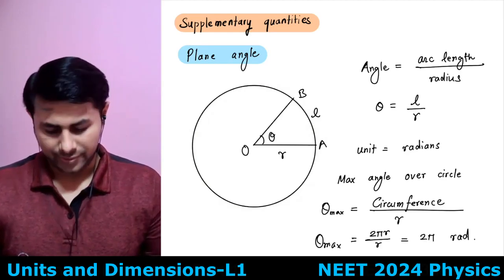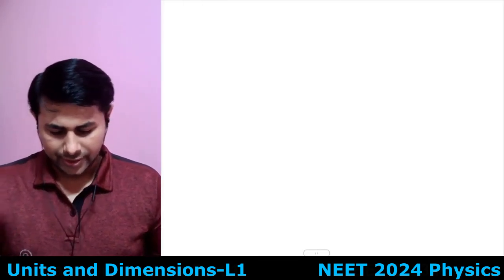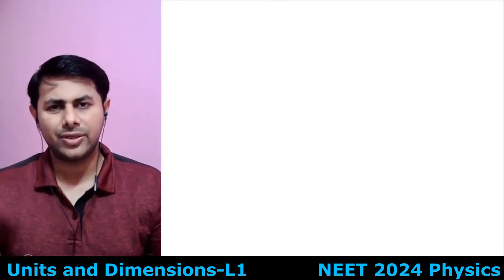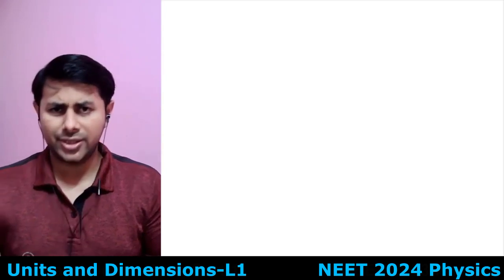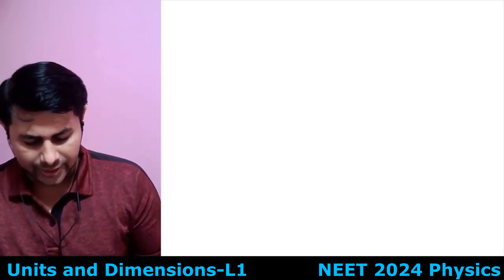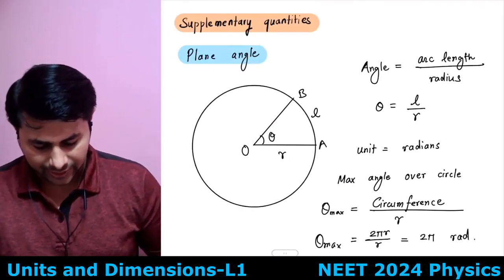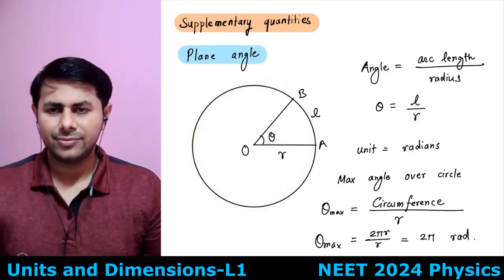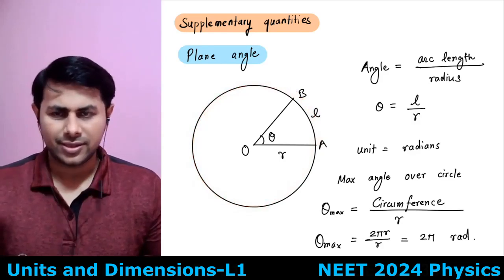Okay, sir. All right. Next, let's see the conversion factor between degrees and radians. We already saw this, but let's revise it. How much is this angle over the circle in degrees? 360 degrees.